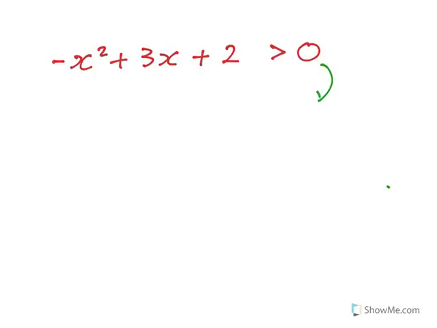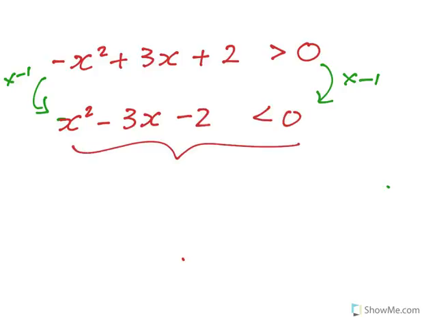Actually you are so smart. So this just becomes x squared minus 3x minus 2 less than 0. And then I solve. Happy face. Every inequality can be converted to a happy face, all with just your work.